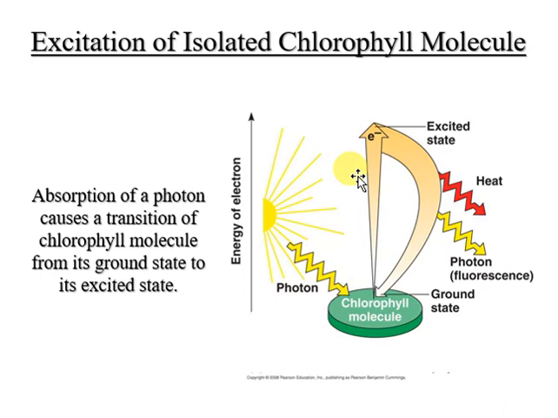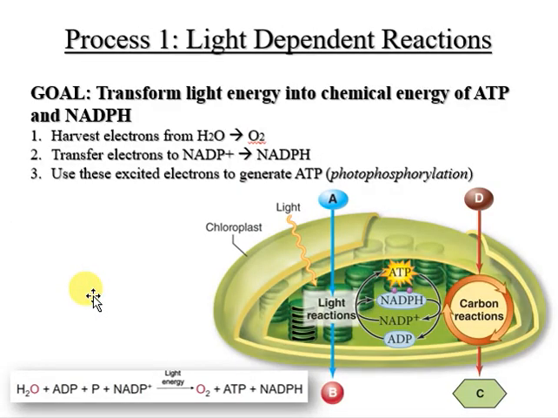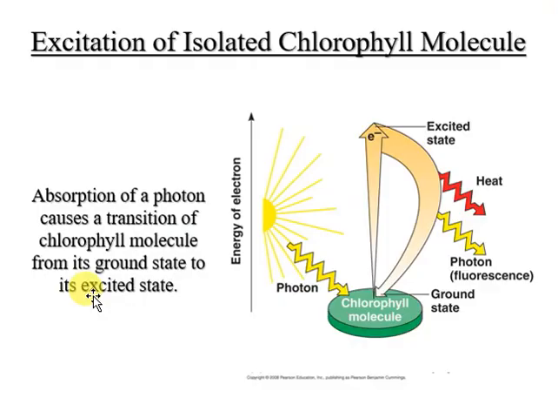Now, each pigment or each compound absorbs only certain photons. They will only absorb photons that correspond to a specific wavelength, which is why each pigment has a unique absorption spectrum. That's why each pigment has a different peak absorption, or a different wavelength at which they best absorb.